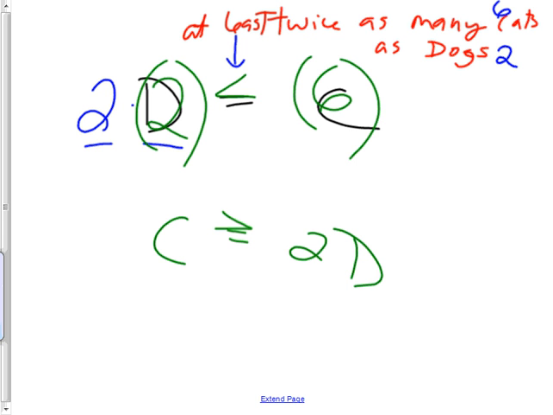If I want more cats, since it's at least twice as many cats, I want even more cats than that. Then it has to be greater than on the cat side, like the bigger side, the open mouth of the alligator, should be on the cat side. If I want it to be at least, like there's even more than that, then it should be a sign that's open on the cat side, bigger on the cat side.